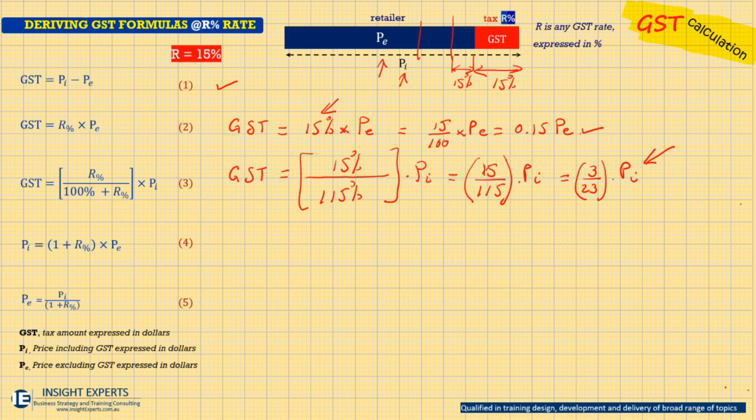Now, in terms of formula number 4, again, this is to do with calculating the prices before and after tax. In our case, the price after tax is equal to 1 plus 15% times PE, and that can be simplified into 1.15 times PE.